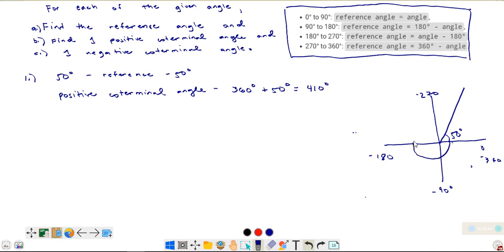So, hindi tayo makakabuo ng isang revolution, nandun na kaagad ang ating angle. So, to get the value of this angle, we have to subtract this reference angle here, 50. So, negative 360 minus natin yung reference angle natin, which is 50.